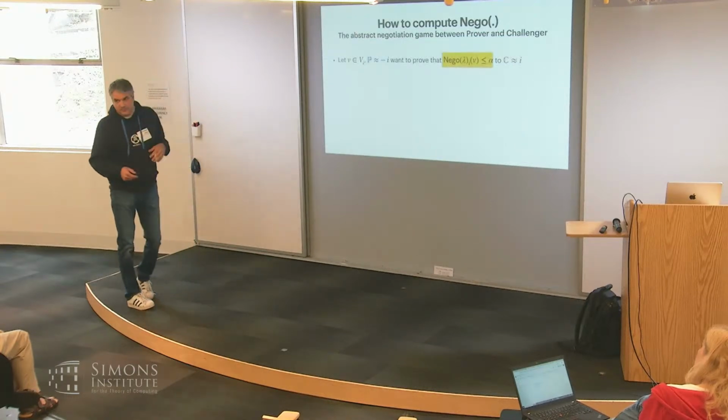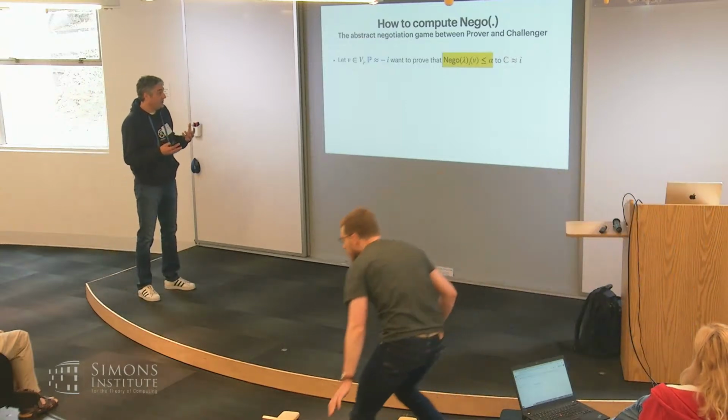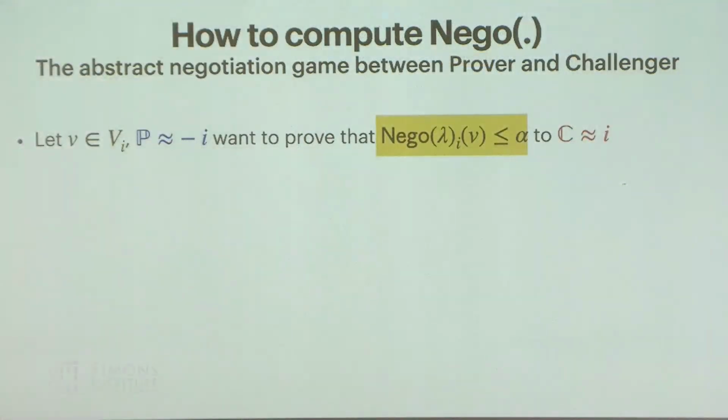Before, we were reasoning on the worst case value. Here it's more complicated. So what I will do is define a notion that I call the abstract game, which will allow me to compute the value of the negotiation function. The idea is the following. If you start in a vertex V that belongs to player I, the prover will try to prove that you cannot improve your value from that vertex.